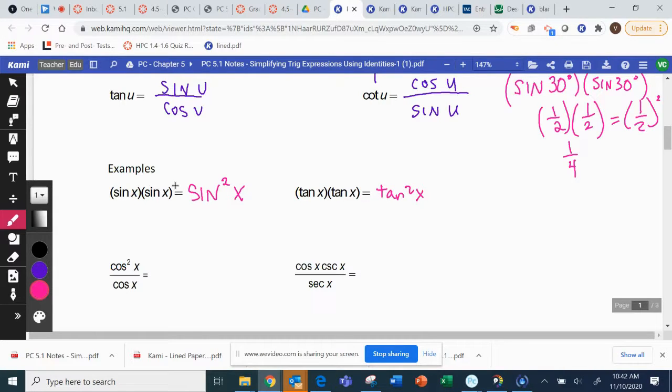Or sine squared x over cosine squared x. How did I get that? Caleb, how did I get that?